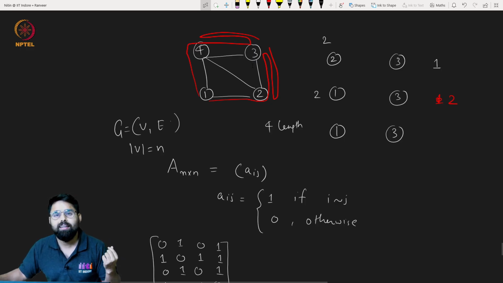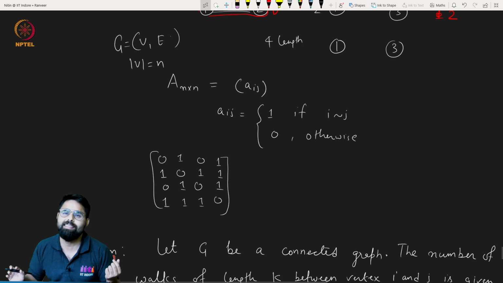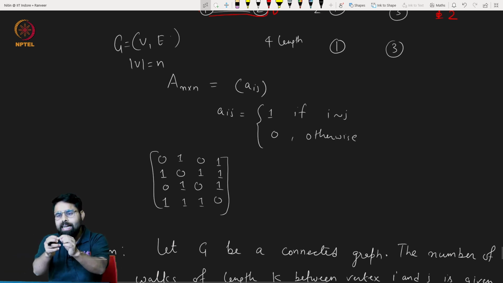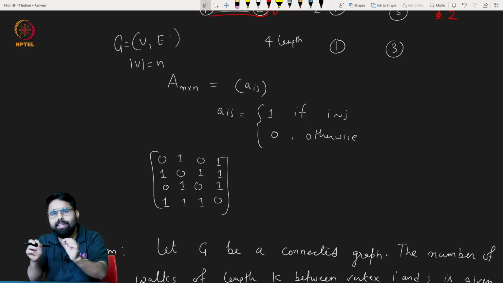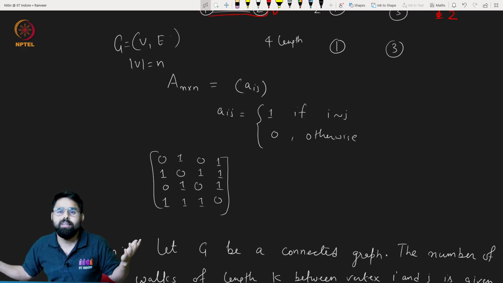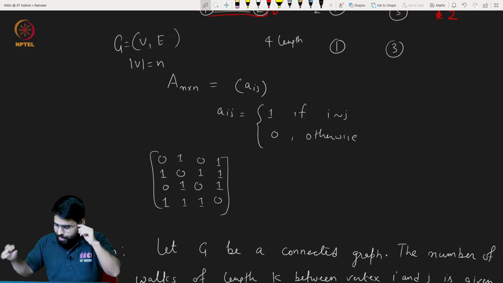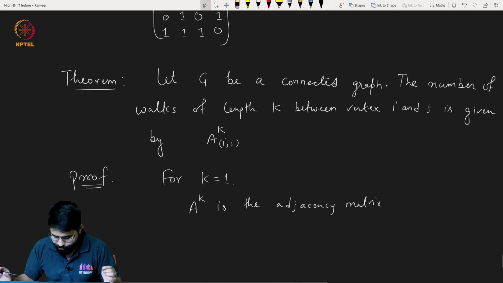There are 0, right? It is captured by the adjacency matrix. Whenever there is an edge between vertices, that means there is a walk of length 1. You can go directly from i to j through that edge. If there is no edge between vertex i and j, there is no walk of length 1, so the number is 0. So for k equal to 1, this is indeed true.